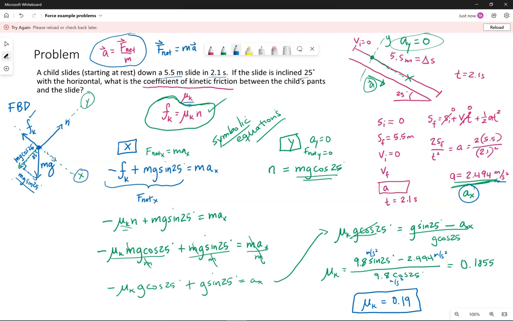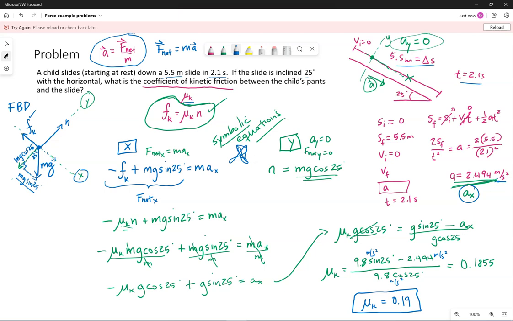So again, the process is the same. Free body diagram, write out F equals ma for x and y. If you had written these equations out first, you would have realized you need acceleration, and then hopefully would have realized you can use this other information to use the big three or the kinematic equations to solve for that acceleration. So practicing the process is really important.